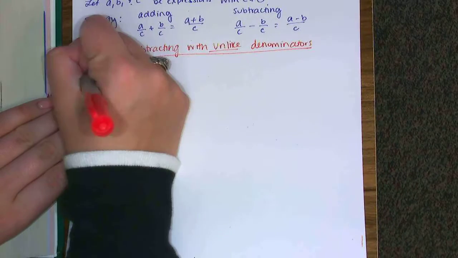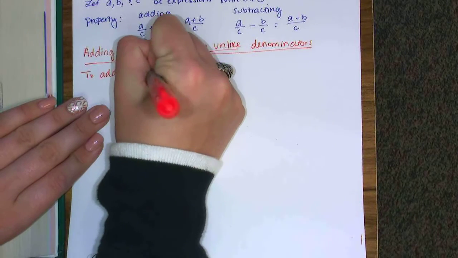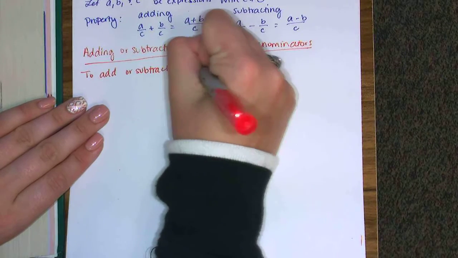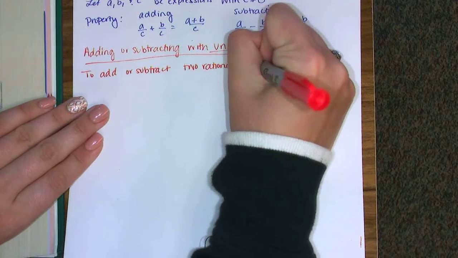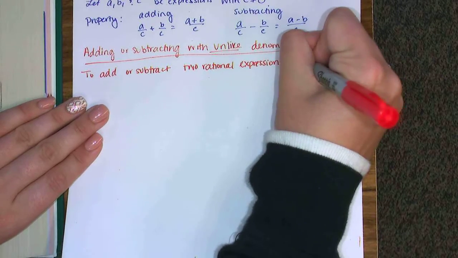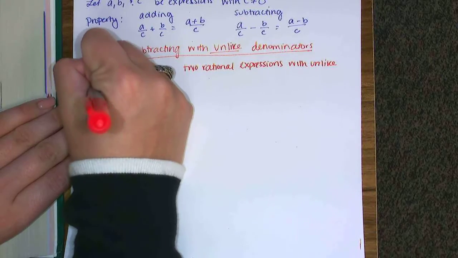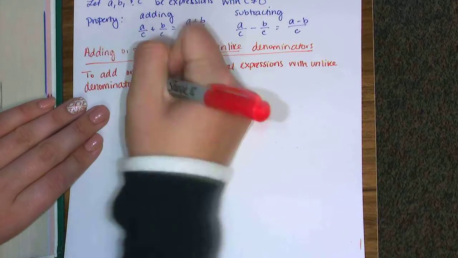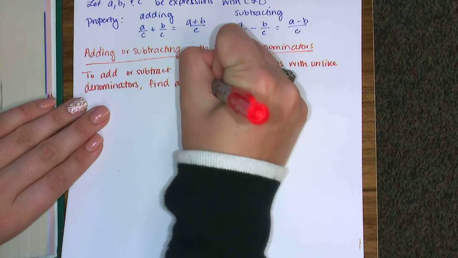So to add or subtract two rational expressions with unlike denominators, find a common denominator.